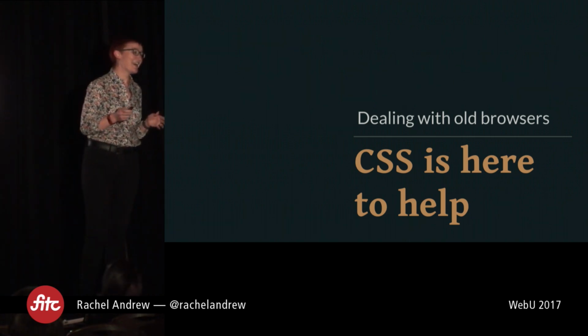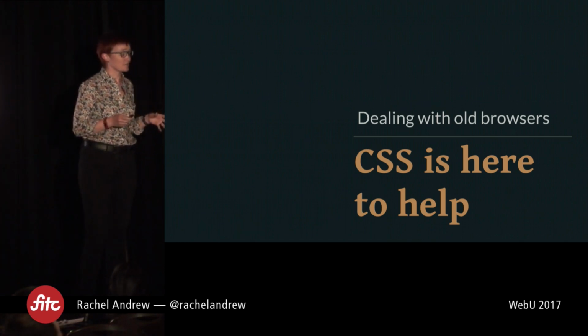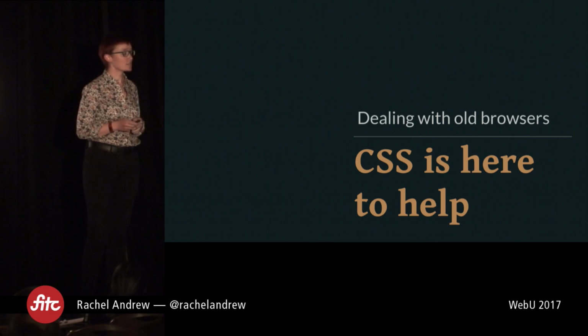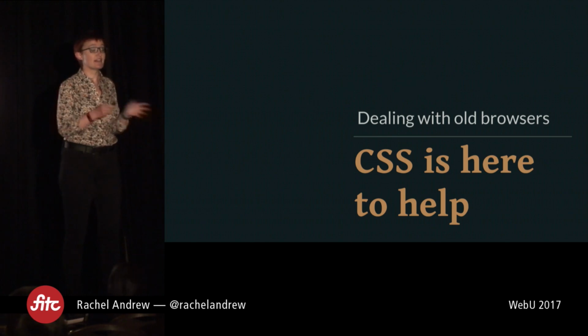CSS knows about old browsers. The CSS working group knows about old browsers, and we're trying to help with that. So the nice thing about all these new layout methods, Flexbox and Grid, defined in their specifications, is what they do if you have something using an older layout method and then you make it into a Flex or a Grid item.